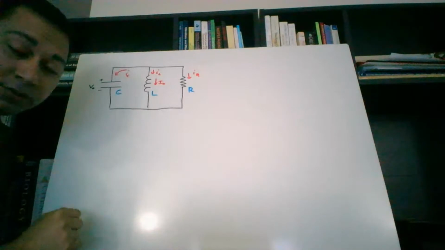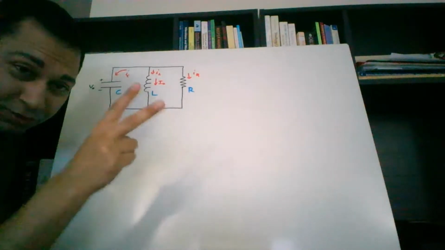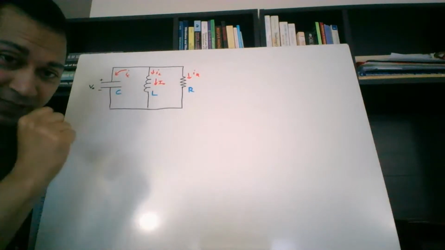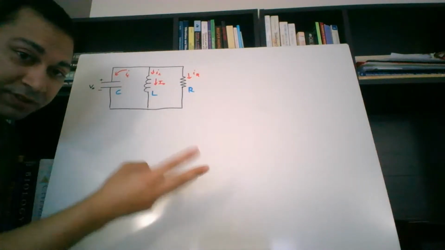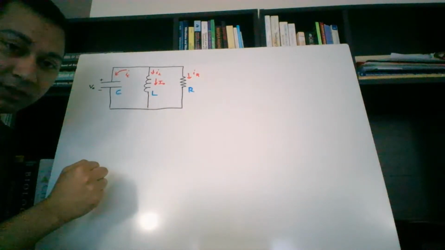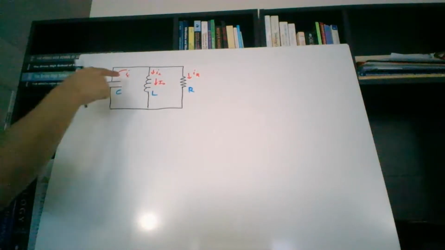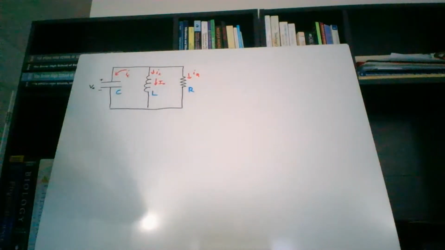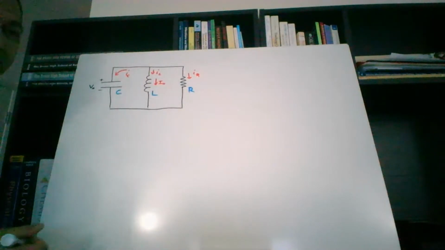What we're going to use is Kirchhoff's equation, but there are two Kirchhoff equations. There's a current loop equation, and then there's the voltage equation. What we're going to use is the current equation of Kirchhoff's loop rule, okay? So if this is how the current is being portrayed, what I could say is that this current plus this current plus this current has to equal 0.